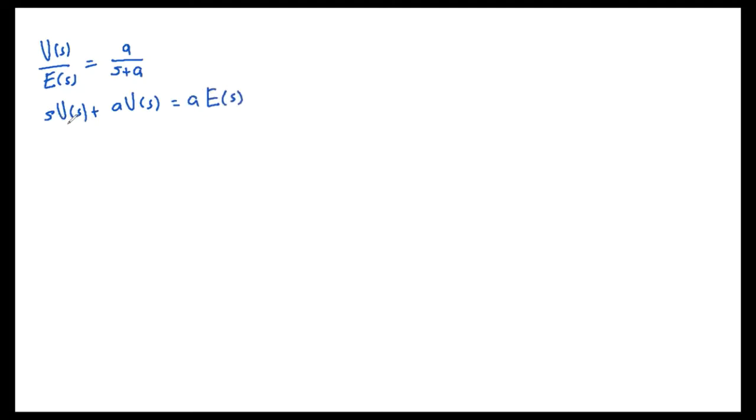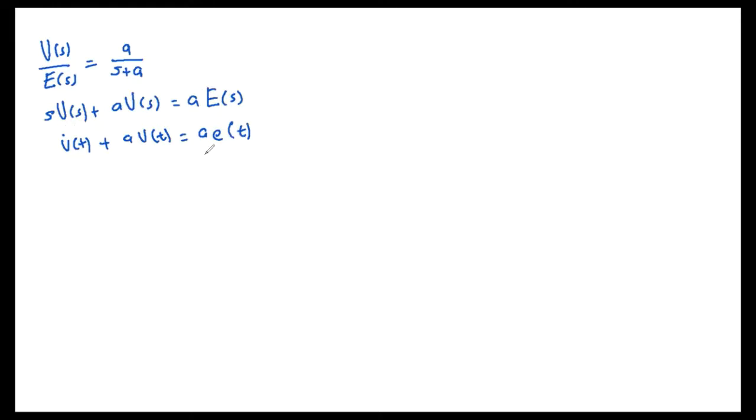Now we can do inverse Laplace, and in doing so we get u dot of t plus a times u of t is equal to a times e of t.